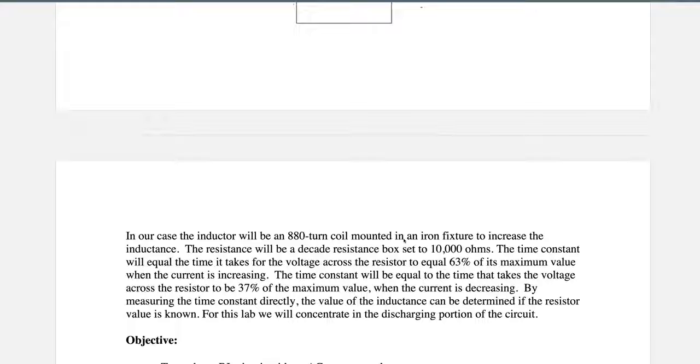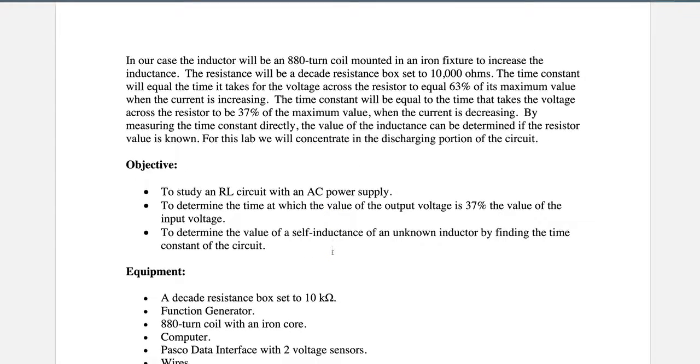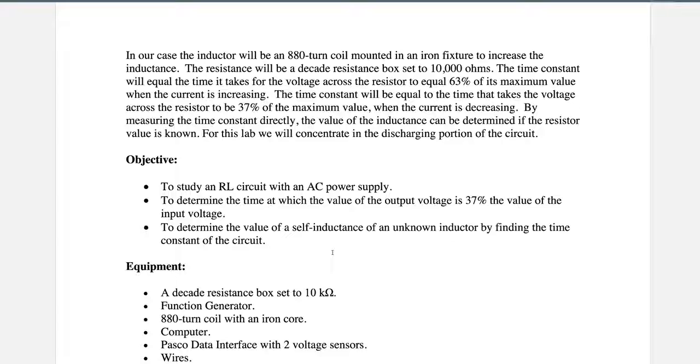When the current is decreasing, we can find two definitions for tau. By measuring the time constant directly, the value of the inductance can be determined if the resistor value is known. Our objective is to study an RL circuit with an AC power supply to determine the time at which the value of the output voltage is 37%.